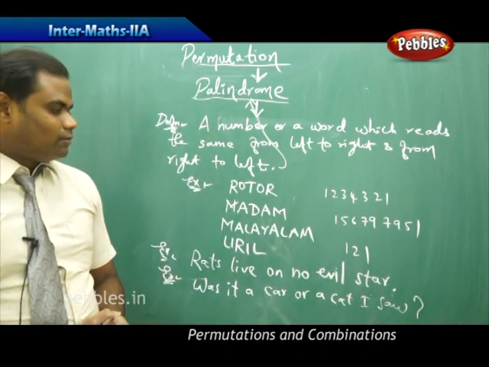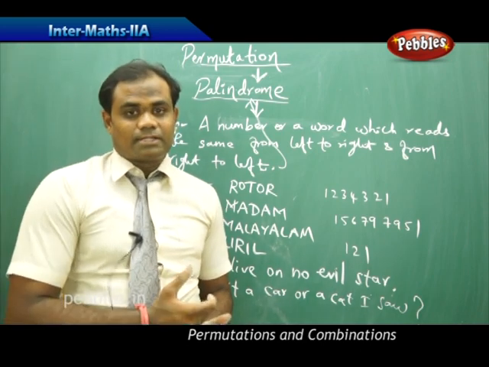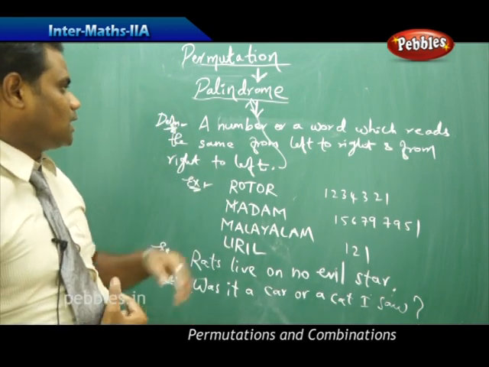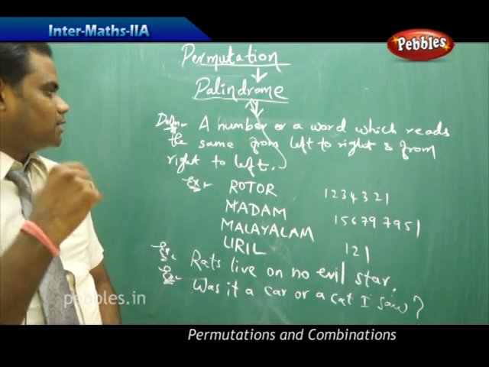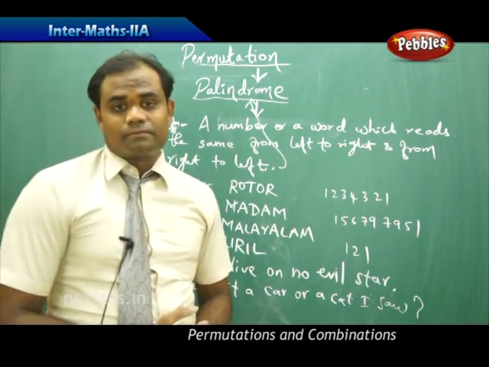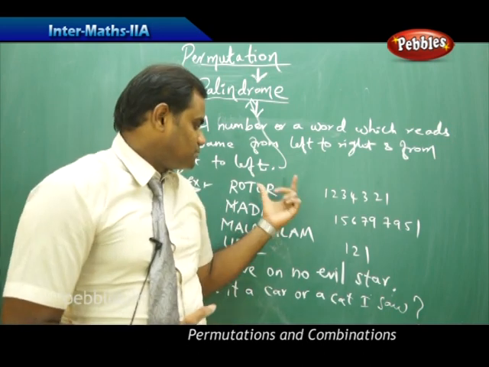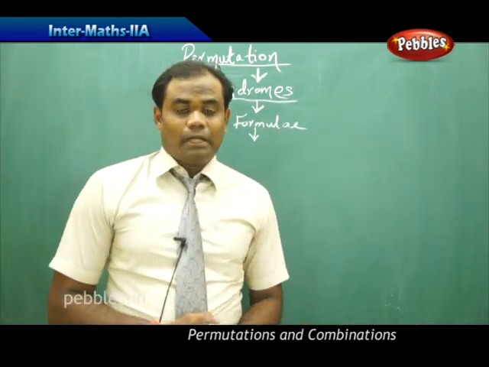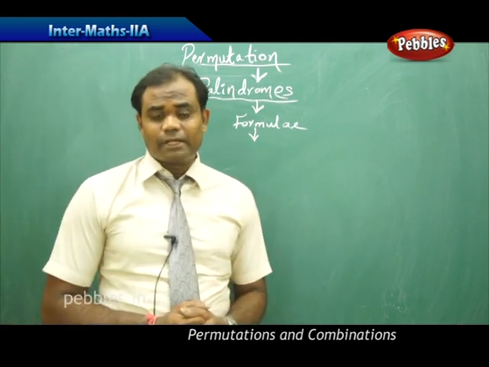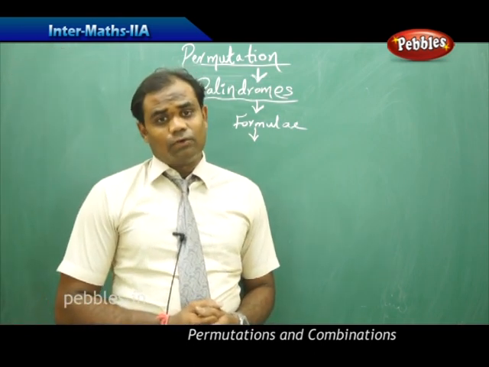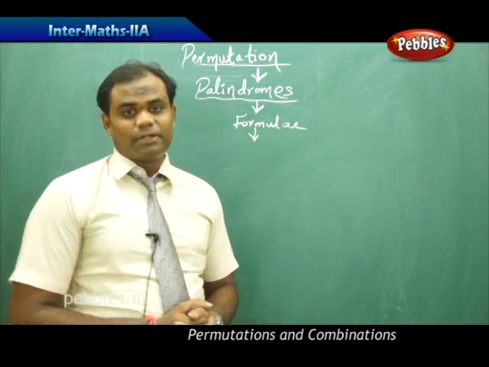So these kinds of examples make us understand that palindromes are numbers or words which read the same from left to right and from right to left, as with the examples out here. Now that we have discussed palindromes, let's see how we can derive the formulae connecting palindromes with permutations.